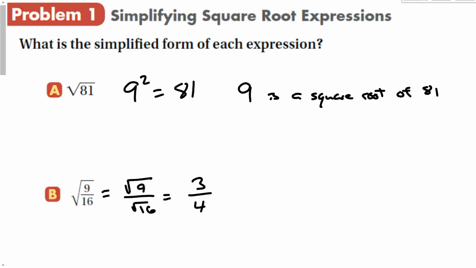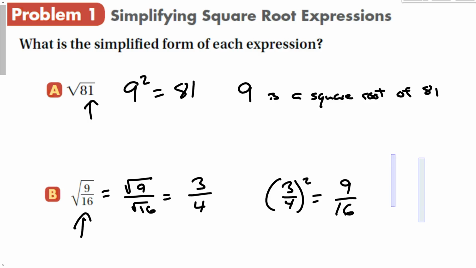So 3 over 4, so if we took 3 over 4 squared, we would get 9 over 16. So 3 over 4 is the square root of 9 over 16. The square root multiplied by itself is always going to be equal to the radicand, the thing underneath the root symbol. And when we see the square root symbol, we're always going to take the positive square root.